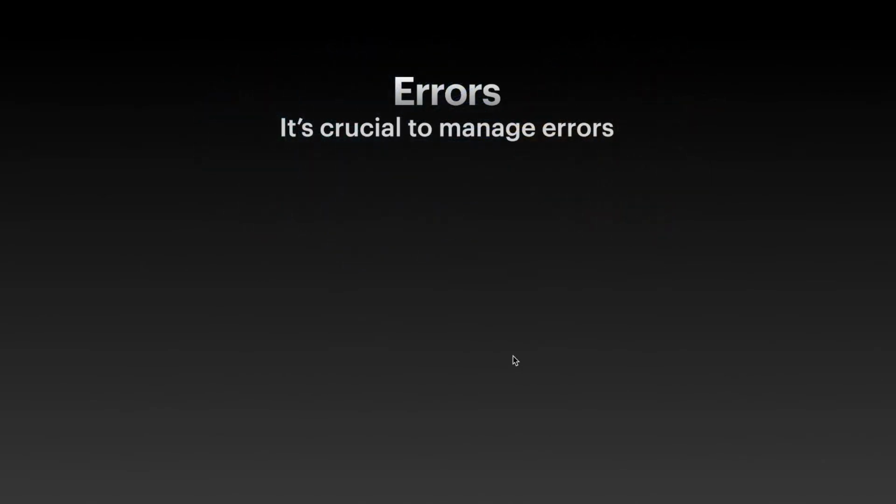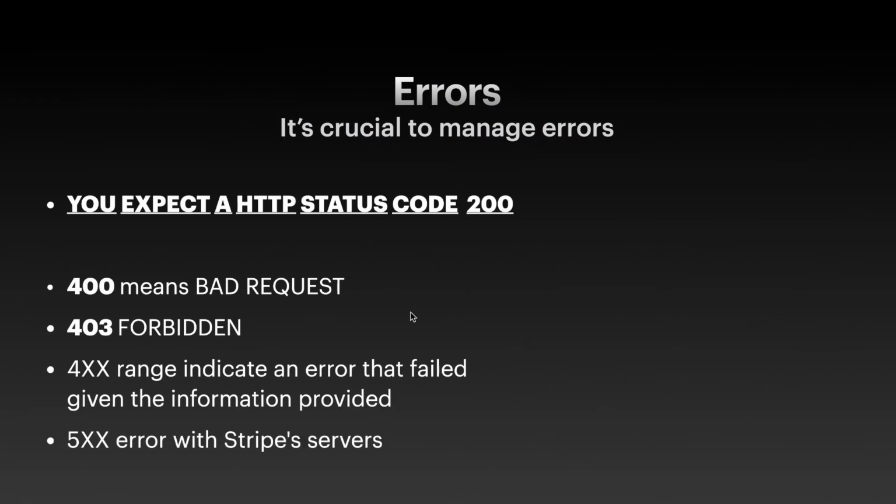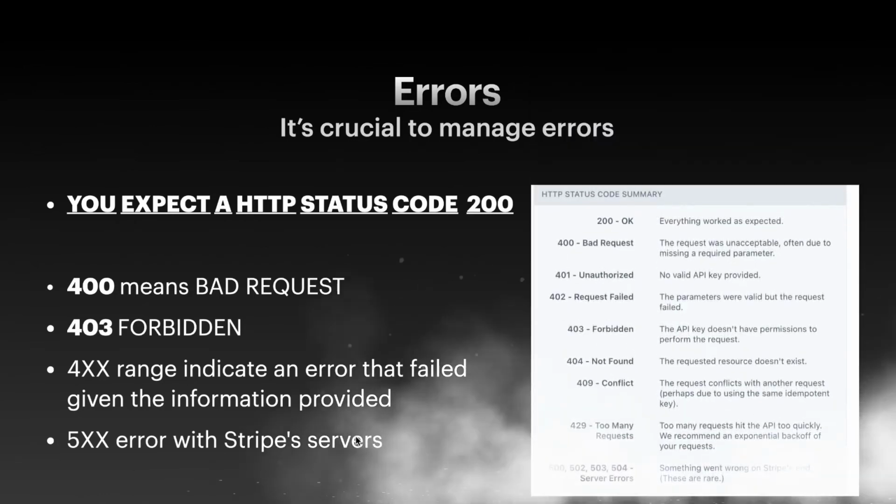Okay, errors. It's crucial to handle errors. You always expect a 200 status code as a response when you communicate with a Stripe server via your frontend or your backend. A 400 error means a bad request, 403 means forbidden, and the 400 range indicates an error in the information that you provide in that request. 500 errors are very rare and occur when Stripe servers fail.